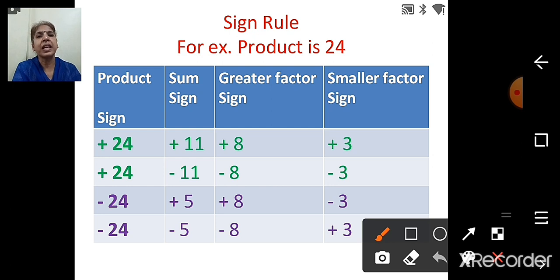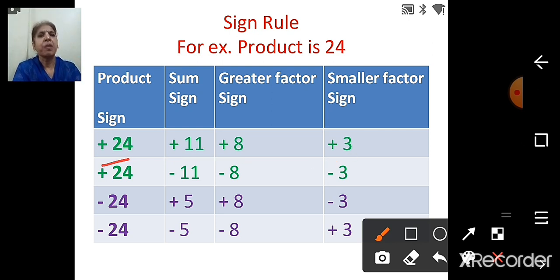Now when you get the sum 11, which pair of factors will you take? 3 8s are 24, 8 3s are 24. So the greater factor is 8, the smaller is 3. When the product is positive and the sum is positive, both factors are positive, so positive 8 and positive 3.